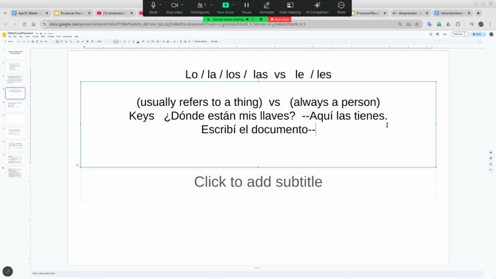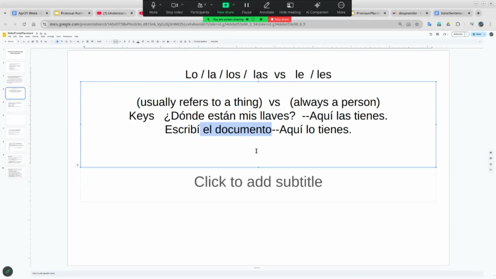I don't know, a Social Security officer, someplace like that, right? And you hand it over to the person behind the desk. Aquí lo tiene. Well, you might say tienes, but tiene or tienes, right? Aquí lo tienes. Here you have it. And the lo refers back to the document.